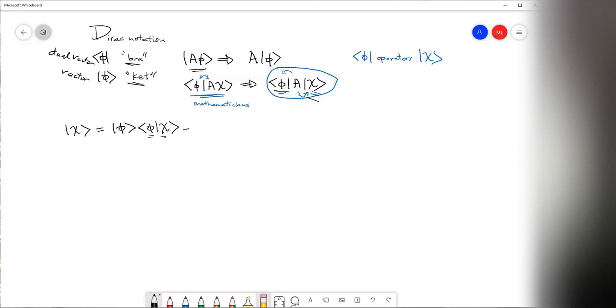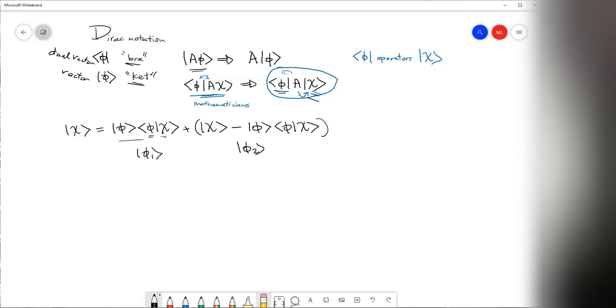And then you can add to it, as we did before with the projection operator, you can add this and subtract the same quantity. It's just rewriting the original vector, you can always do this. If we write it like this, we can imagine this is like a phi 2, and this is like a phi 1.